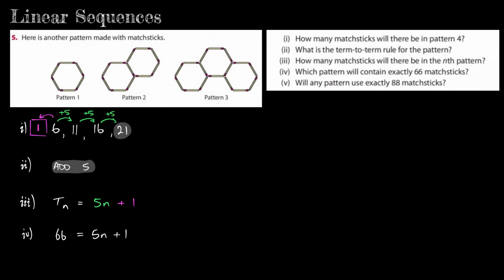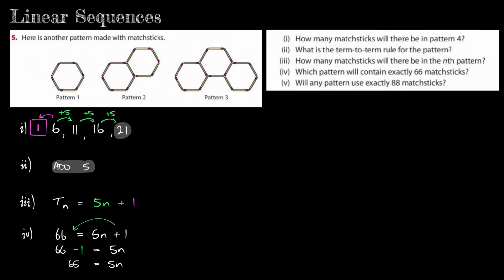So in order to work that out, all we do is basic algebra: bring the 1 over to the other side, and it turns into a negative 1. So we'll have 66 minus 1 equals 5n. So 65 is equal to 5n. To find out what 1n is equal to, we divide both sides by 5.